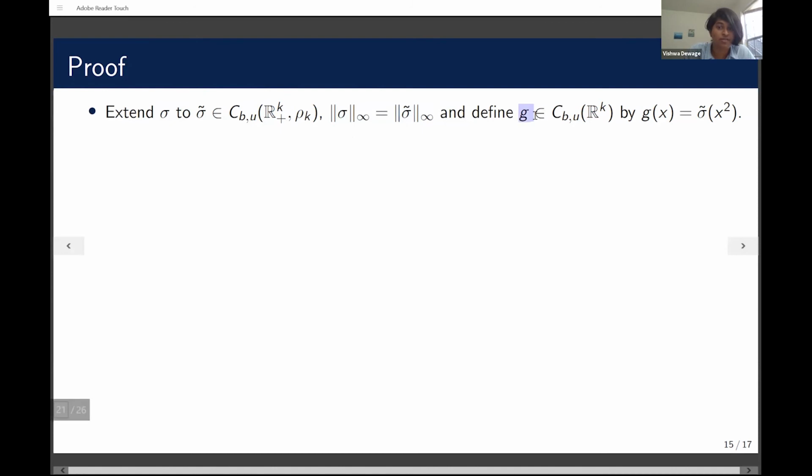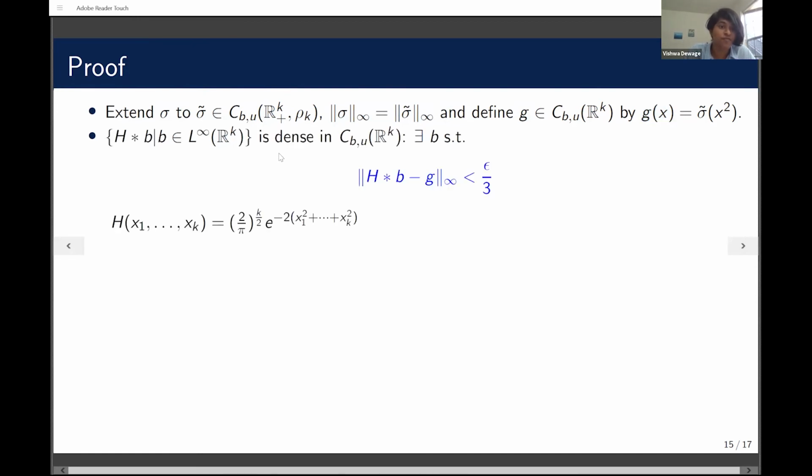And then we define the function g by g of x equal to sigma tilde of x squared. This gives us a function which is bounded and uniformly continuous in the usual sense. And we also have that if we consider the heat kernel, when we convolve the heat kernel with bounded functions, this set is a dense subset of bounded uniformly continuous functions in the usual sense. So we get a candidate B from this.